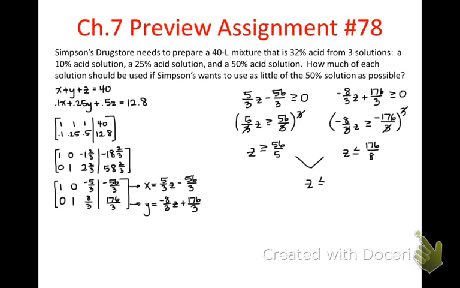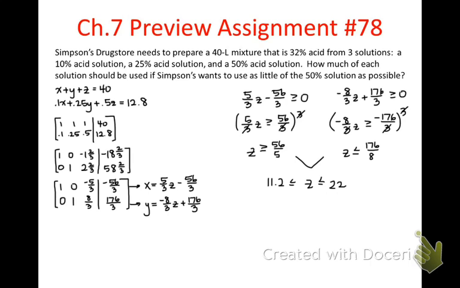All right, now these two things together tell me that z has to be less than or equal to, if you divide 176 divided by 8, I believe you get 22. But z has to be greater than or equal to this constraint, right? Z is greater than or equal to, and if you were to do this, you would get 11 and 1/5, or 11 and 2/10, right? So 11.2.